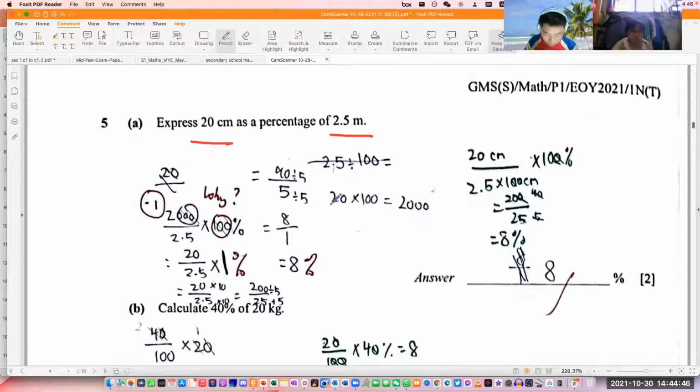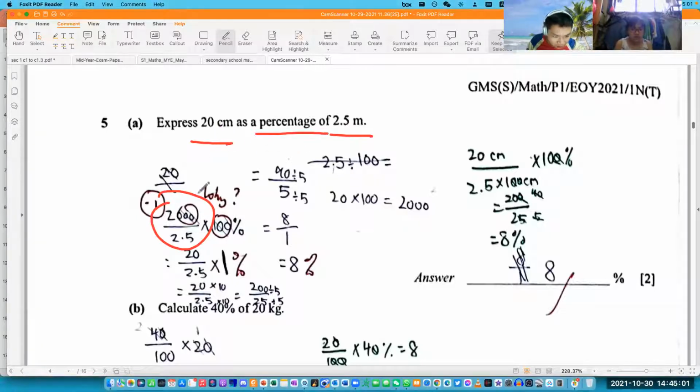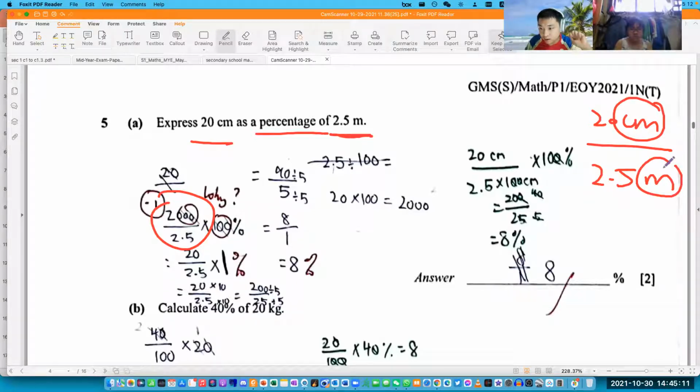All right, done? Okay, good. So over here, once again, they want to find the percentage, right? So you need to do the fraction first. Okay, that's why you do the fraction first. But over here, 20 cm, right? You just write down 20 cm and then your 2.5 meter, right?